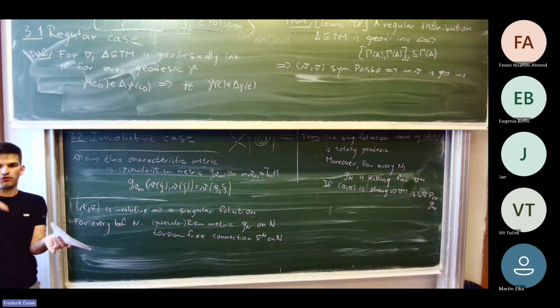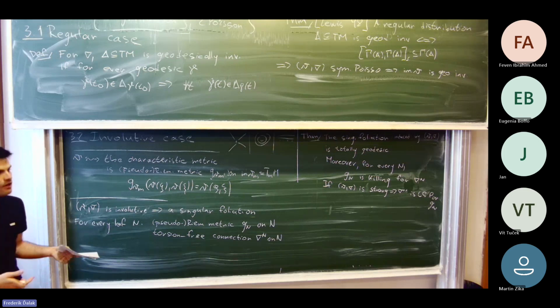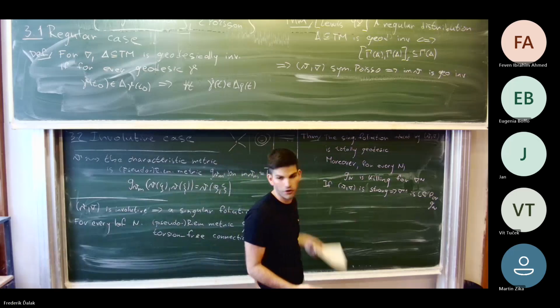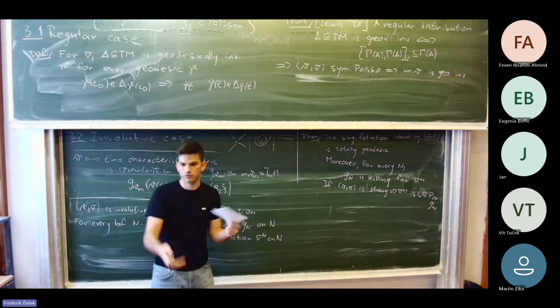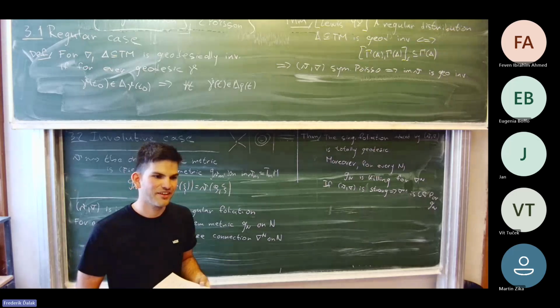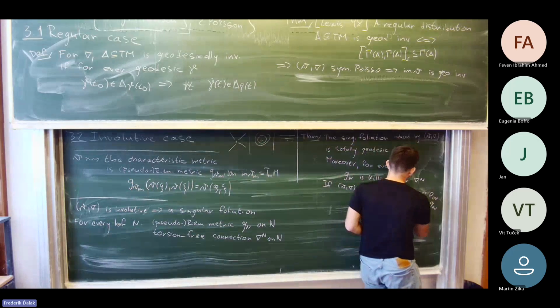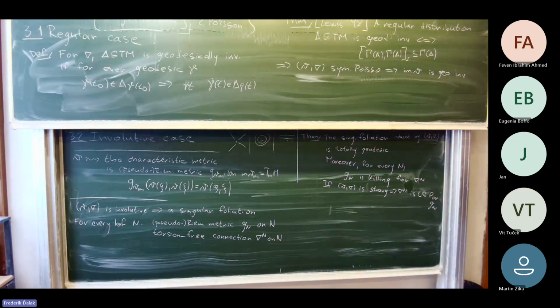I think that this theorem kind of shines some light on a geometric problem. Imagine that you have a foliation, you have a metric on each leaf, and you are wondering whether there is a connection, a global one, that really restricts to a connection on every leaf, such that it's a Levi-Civita connection. And we know that when the foliation is coming from a symmetric Poisson structure, then yes. So I guess the other direction is not true. So you could measure the non-strongness by calculating the torsion of this connection on each leaf. Well, the torsion is zero always.